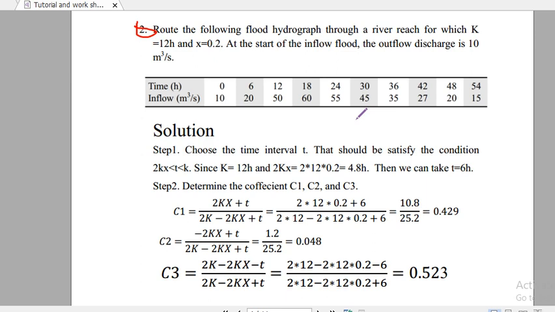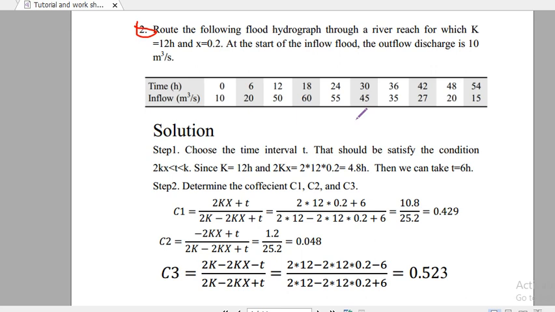Route the following flood hydrograph through a reservoir reach for which k is equal to 12 hours and x is equal to 0.2. At the start of the inflow flood, the outflow discharge is 10 meter cube per second. Then there is inflow data. So this is channel routing, which can be estimated by using the Muskingum method.